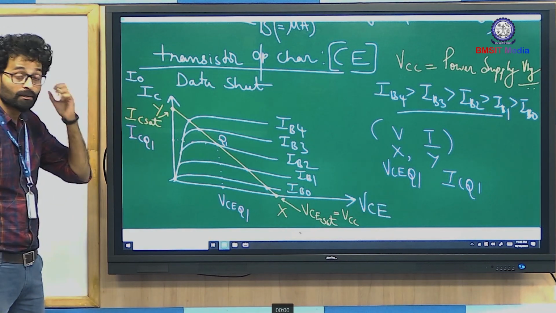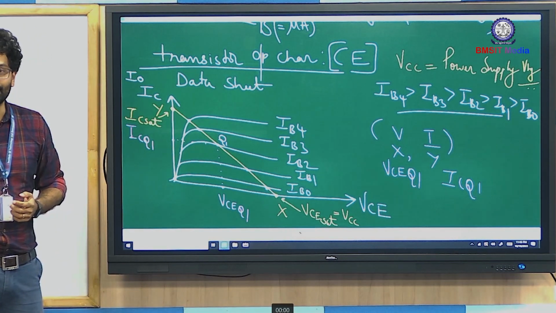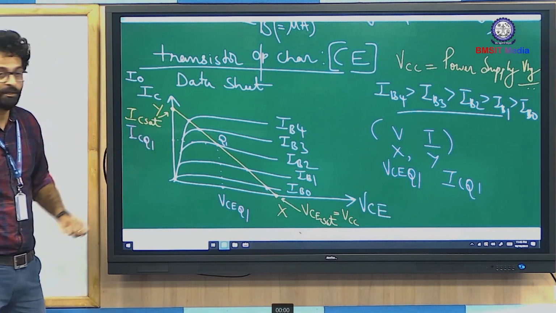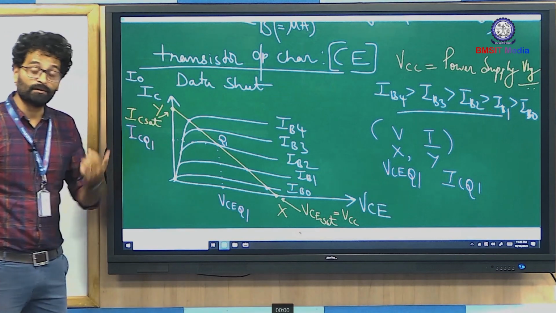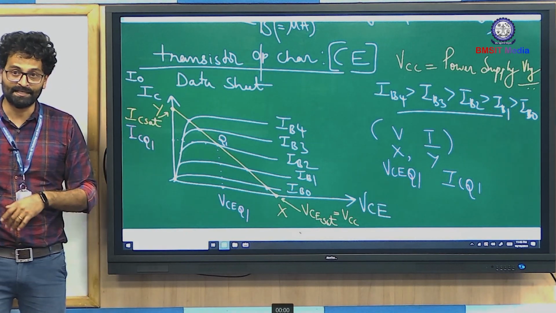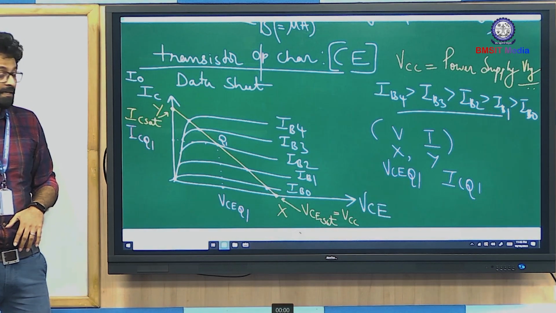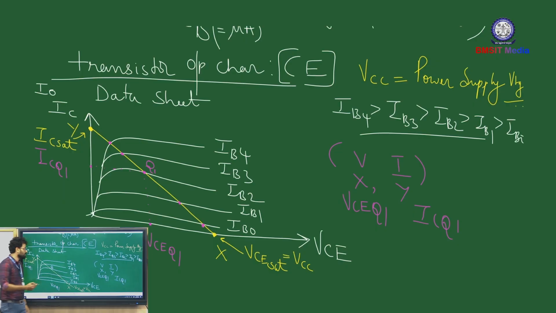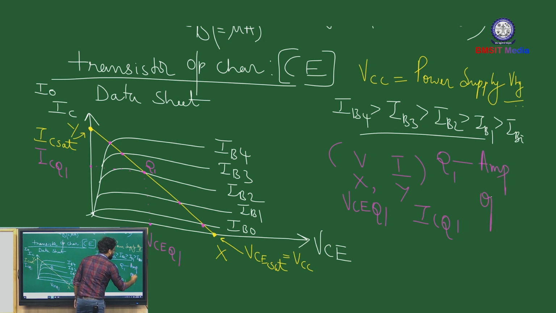Whenever you want to operate the transistor in the active region, or whenever you want to operate a transistor as an amplifier, we must select a Q point located at the center of the load line. So Q1 points to amplifier operation.